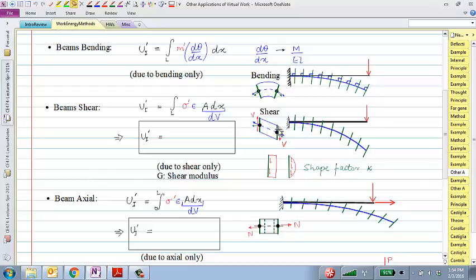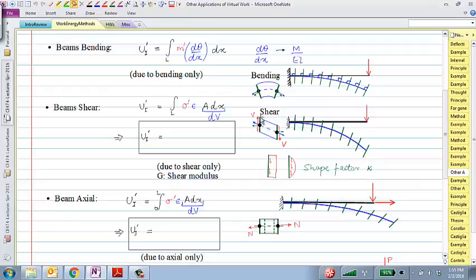Okay, so if I have V as a shear force, what is the shear stress? We did that back in homework 1. VQ over IT, right? And since that's a little bit more complicated expression than what we want here, we can make a crude approximation.